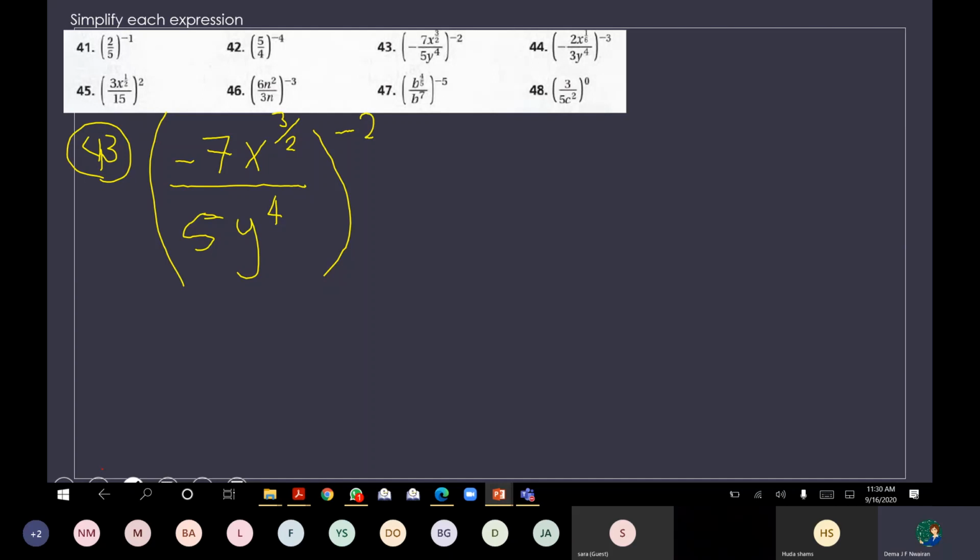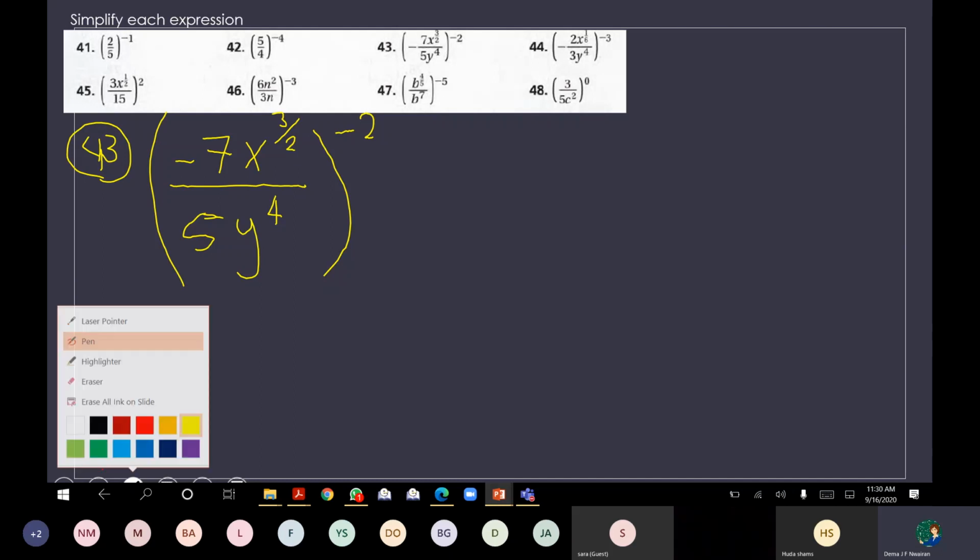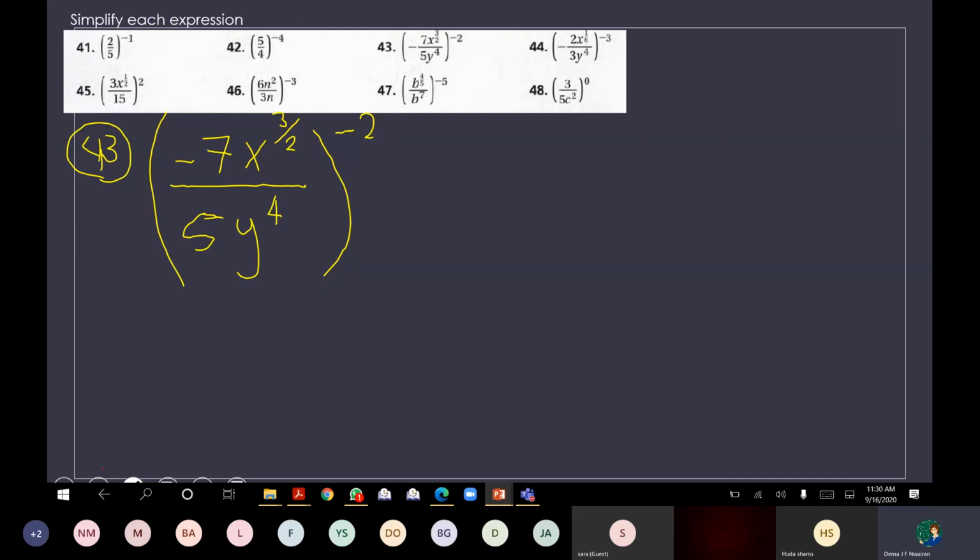Now, yesterday we said that if we have a fraction of the quotients raised to the negative power, the first step now is to write the reciprocal of this quotient or this fraction. What will the reciprocal be? 5y raised to 4 over negative 7x raised to the power 3 over 2.